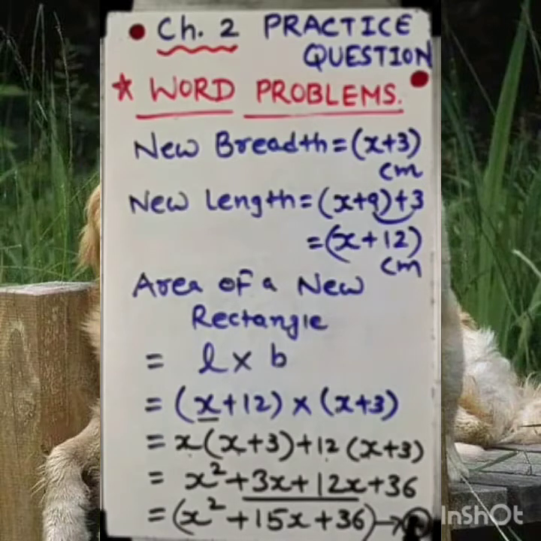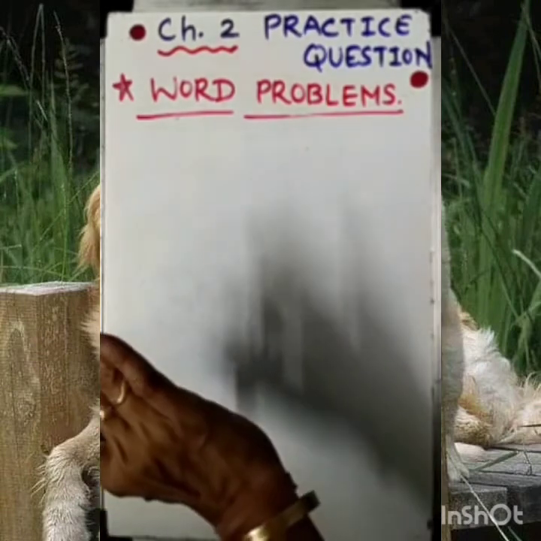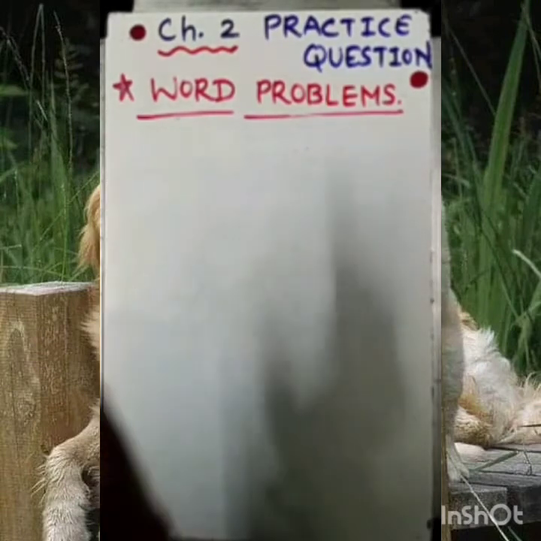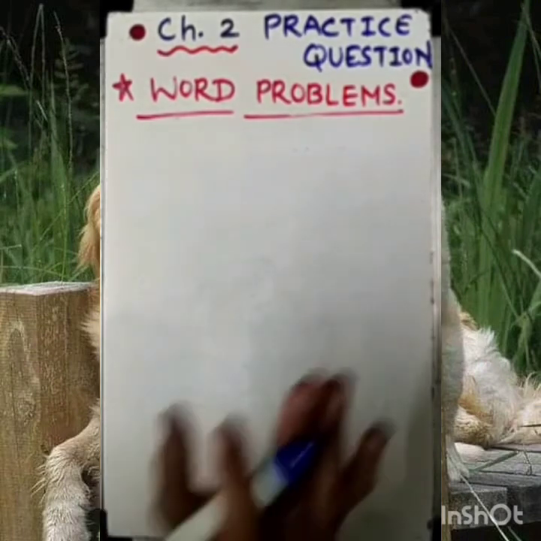Now let's make an equation by using result number 1 and result number 2. Let me read the sentence again: the area of the new rectangle will be 84 centimeters square more than that of the given rectangle. It indicates the difference of the area of the new rectangle and the area of the first rectangle is 84 centimeters square.